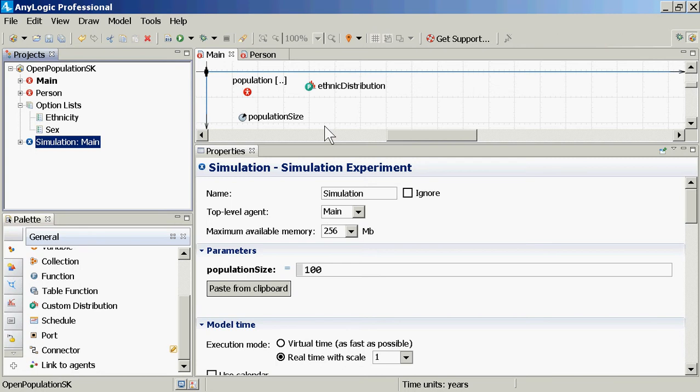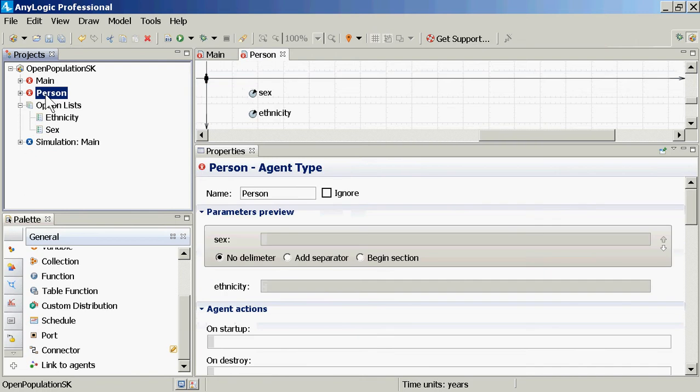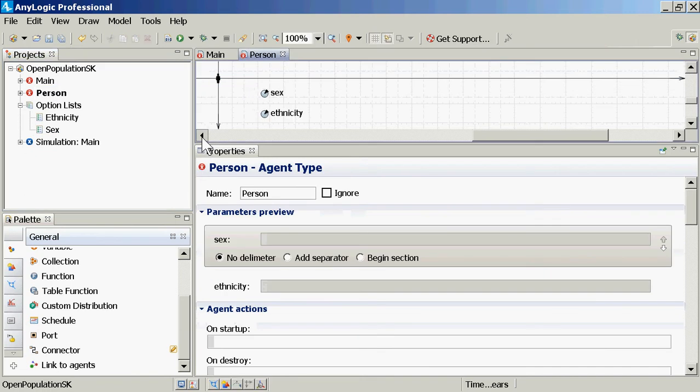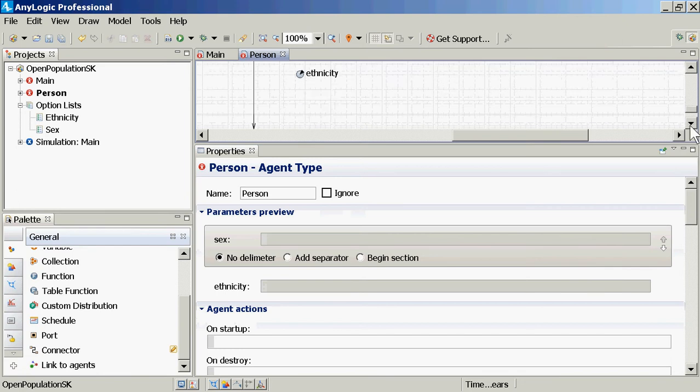Okay, ladies and gentlemen, what I'd like to do now is to add one more element to this. An element of significance for certain types of research. Within person, I'm going to add a representation of a person's mother.